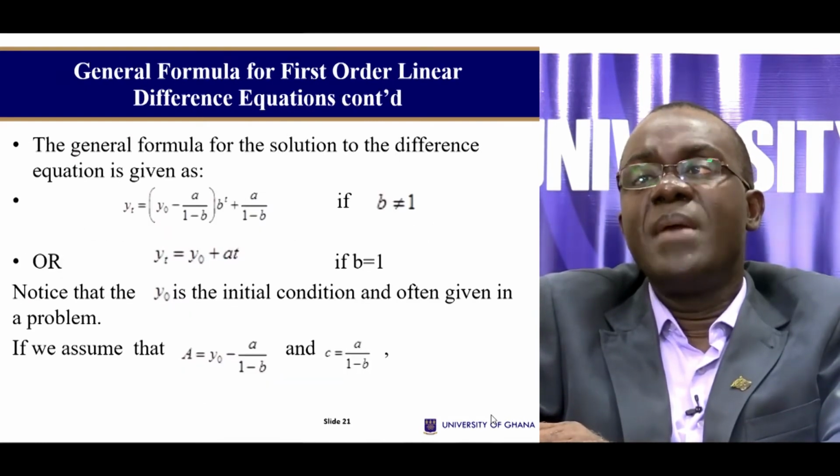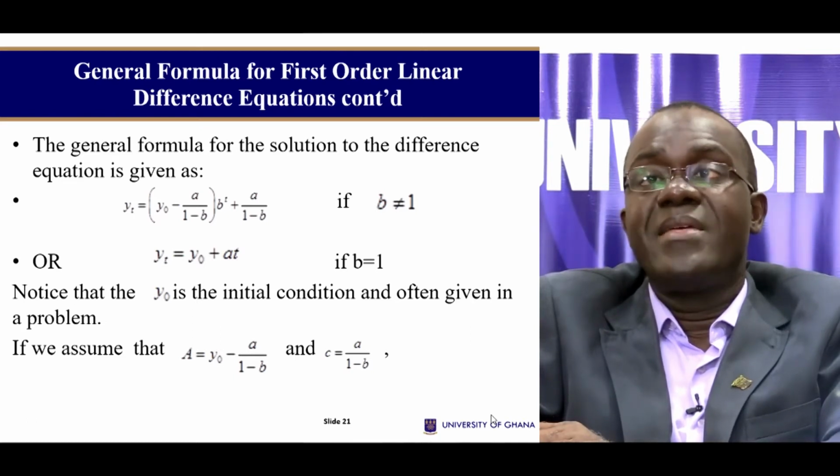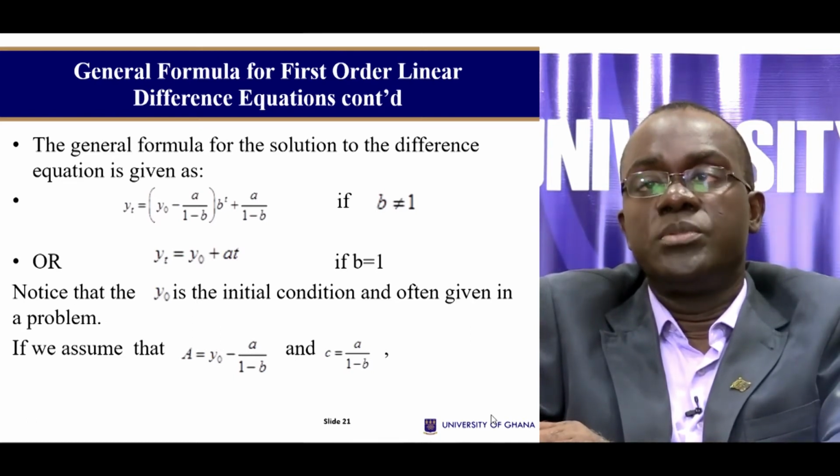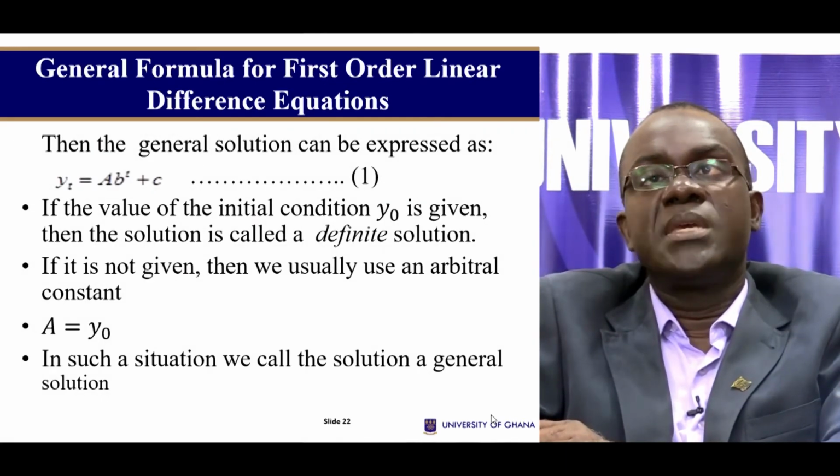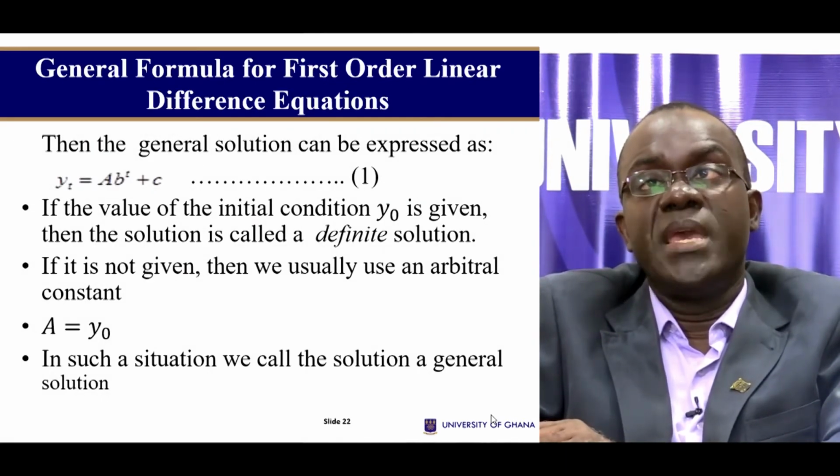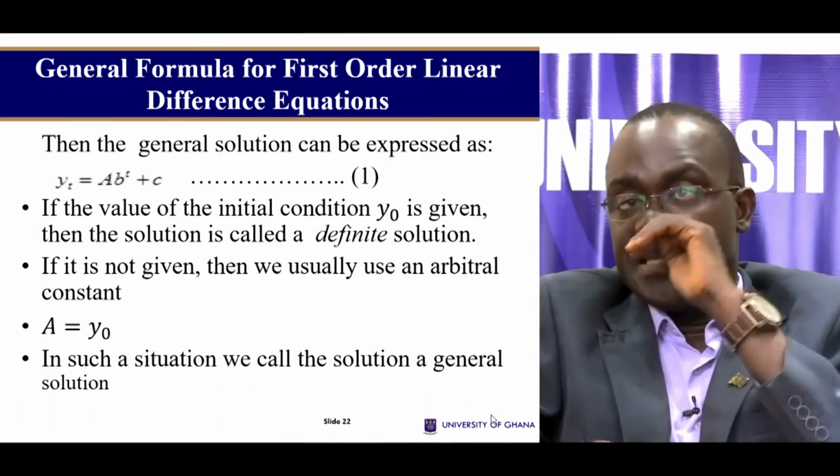And in a situation where b equals 1, then this is the general solution. And implicitly, if we decide to say that what is standing here is a constant, we give it a constant c, then the general solution can be written in this form: yt equals a·t plus c.